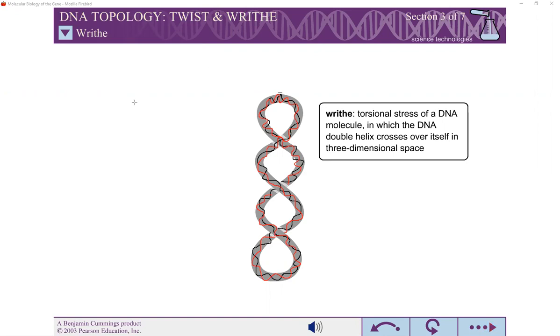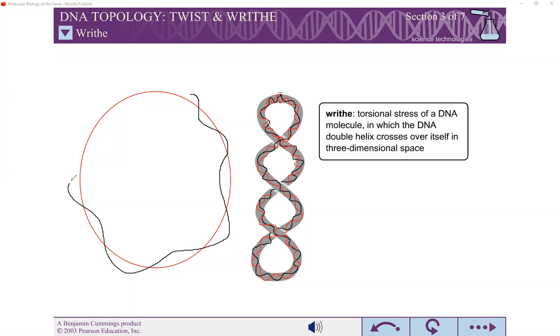If you look here, let this be a double-stranded DNA molecule like this. If this is the actual double-stranded DNA molecule, which must have been like that, then the total amount of writhe in this case was equivalent to zero.